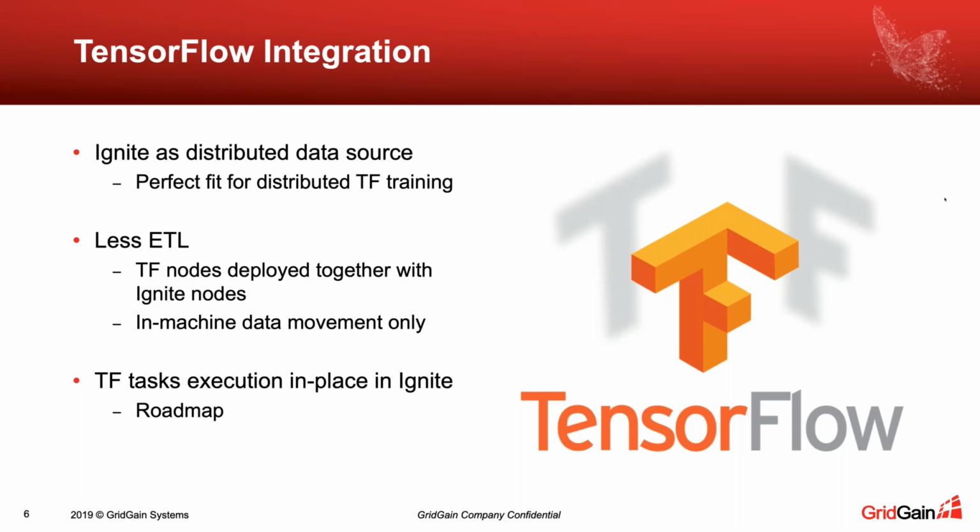What we also try to do here is to avoid as much as possible data movement from our Ignite nodes to TensorFlow nodes. And it turns out that there is a way how we can minimize the ETL part between TensorFlow nodes and Ignite nodes.